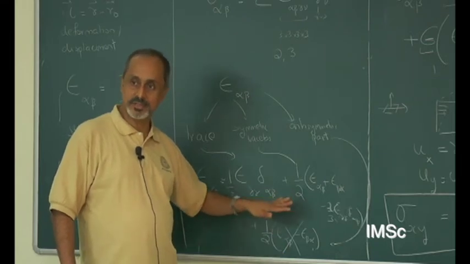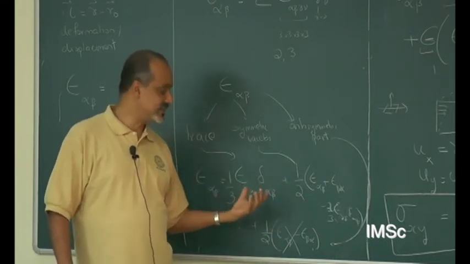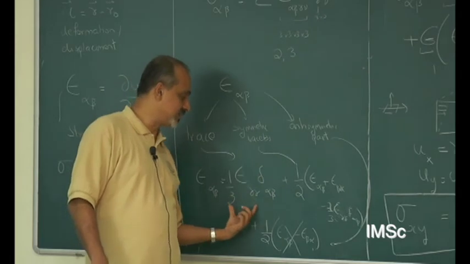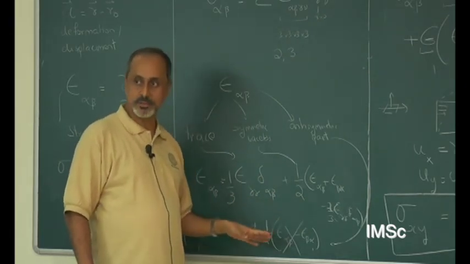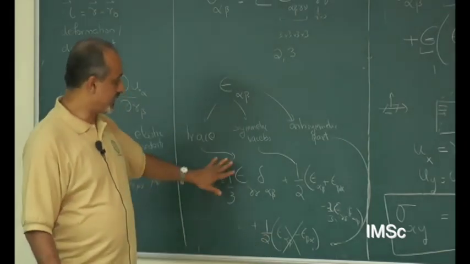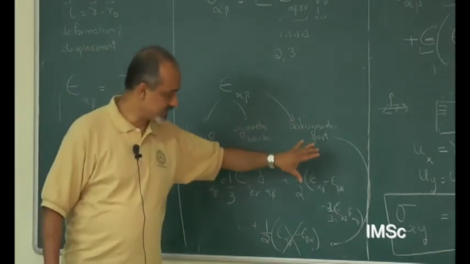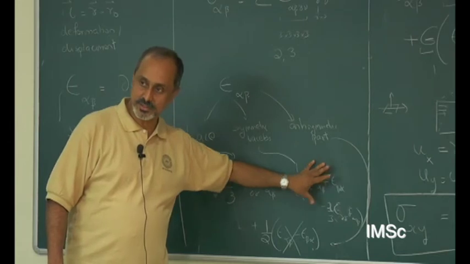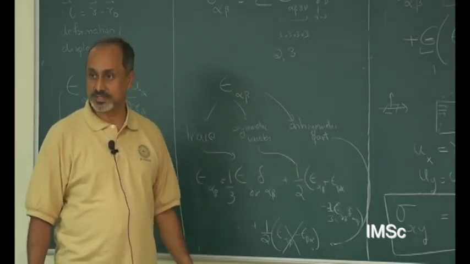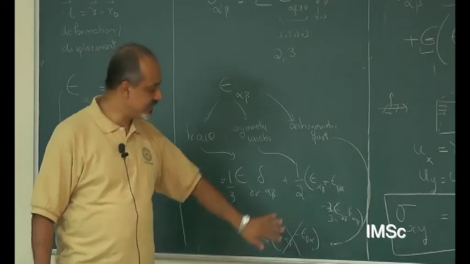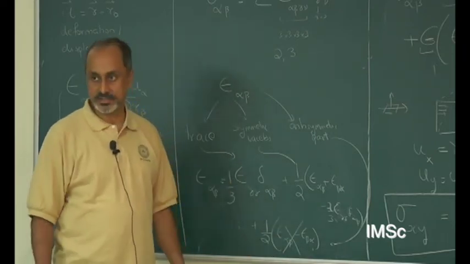Because they're different, you can say that the energetics that I must assign to deformations of this type and this type are different. So in principle, I would have said the energy depends on some part of this deformation plus another constant times some part of this deformation plus a third constant times some part of this deformation. It would be the most general way of writing it. But now I am saying that it cannot depend upon this part of the deformation.